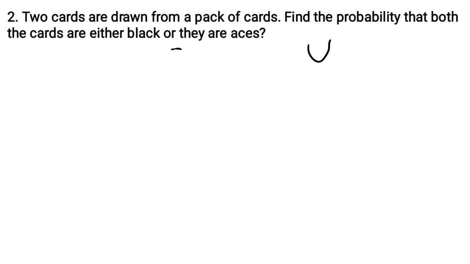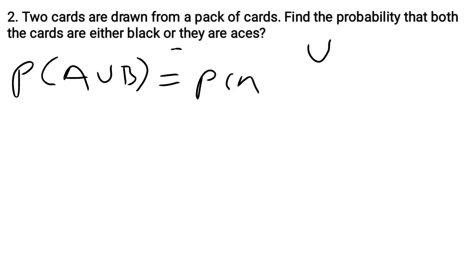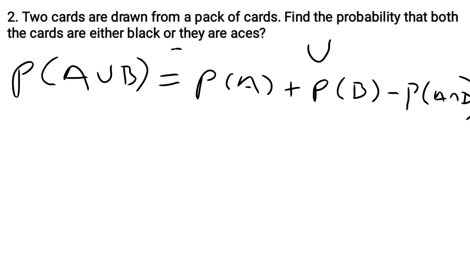Therefore, the formula that we're going to use to answer this question is the probability of A union B equals the probability of A plus probability of B minus probability of A intersection B. So let's try to find the value of our sample space.